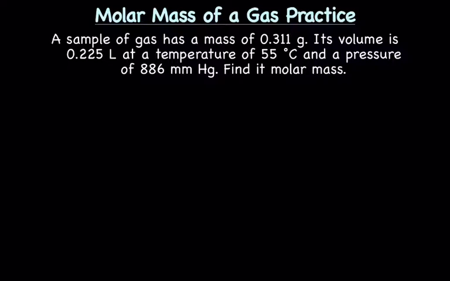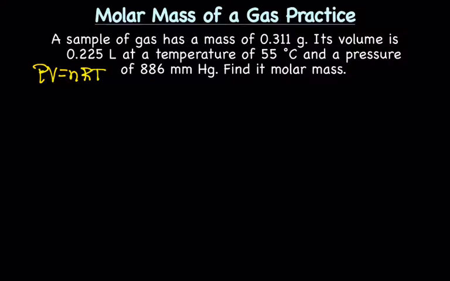All righty, well, once again, we only have one of each type of variable, which means, again, we'll be using the ideal gas law, PV equals nRT.